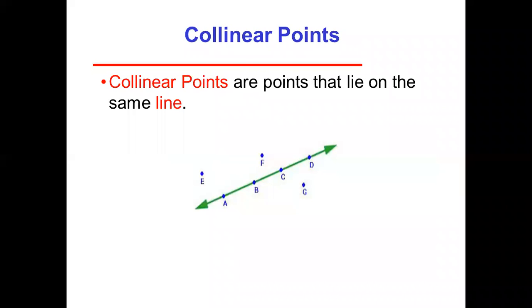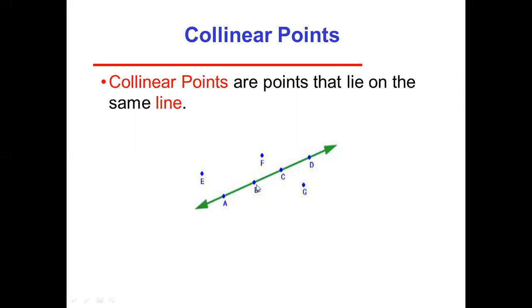Collinear points: you are already aware, because you have already studied in mathematics about the line, point, line segment, ray, collinear points, and plane. You already have knowledge of such basic mathematics. Collinear points are points that lie on the same line. This is a straight line and there are four points, A, B, C, D, lying on the same straight line.